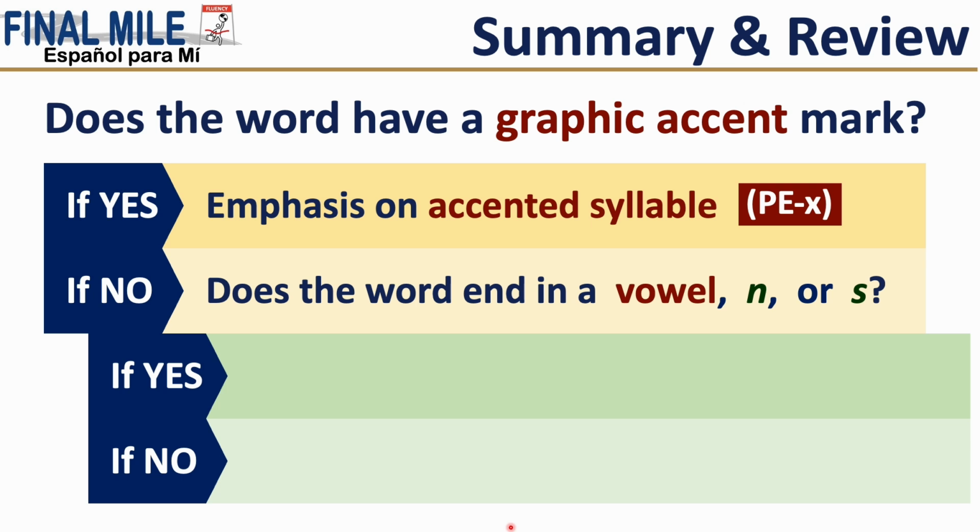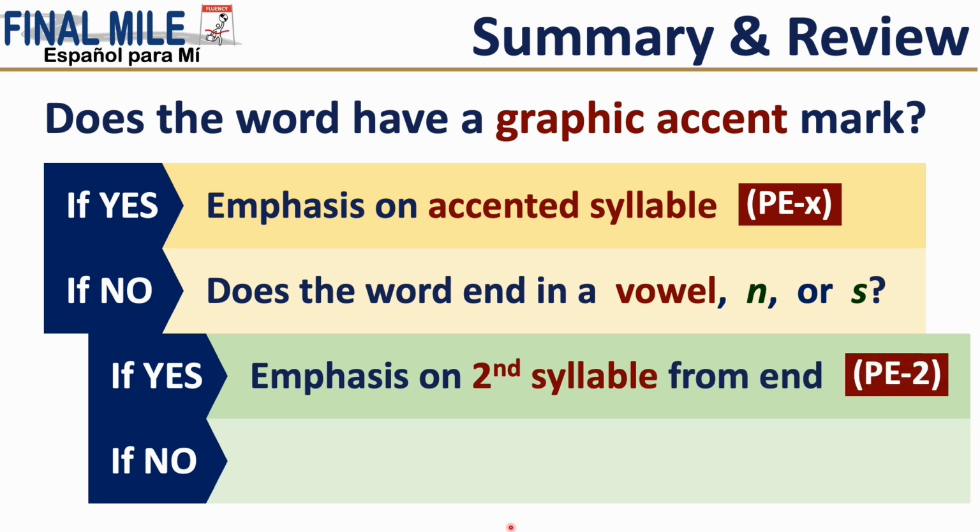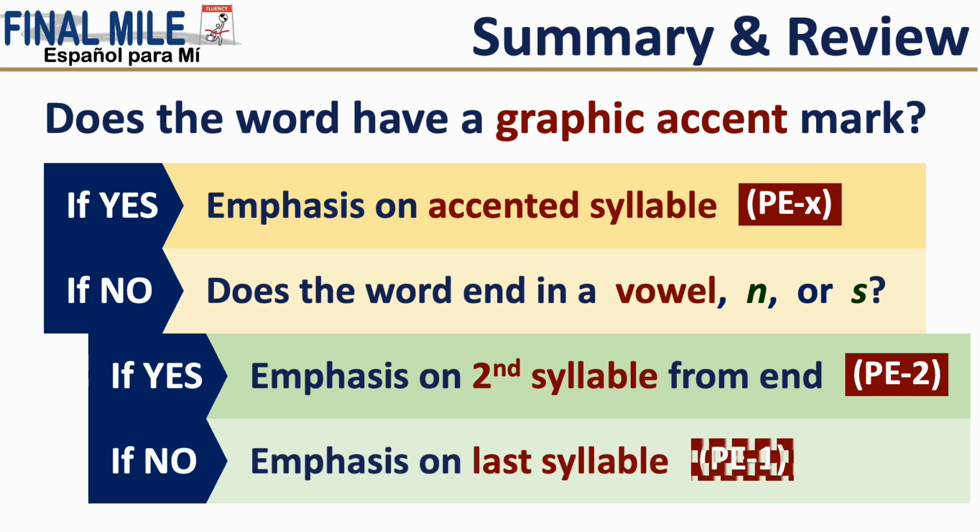If it ends in a vowel or N or S, do you remember which syllable has pronunciation emphasis? It would be syllable number 2. Okay? So that would be a PE2 word. And if it does not end in a vowel or N or S, then emphasis falls on the last syllable or syllable number 1. Okay?